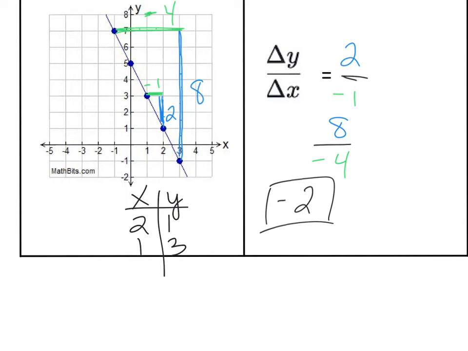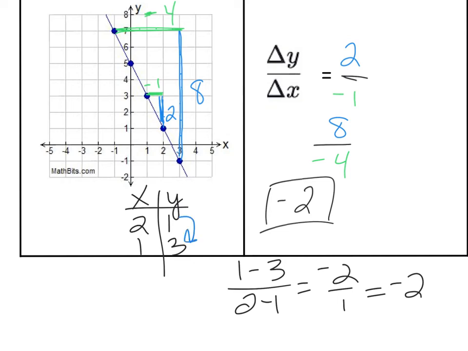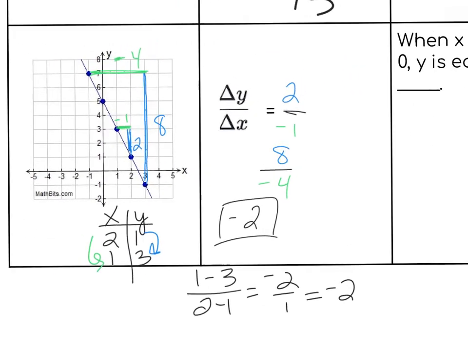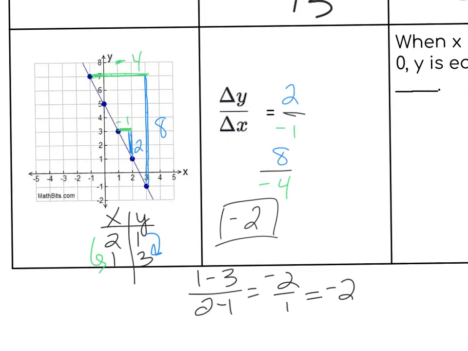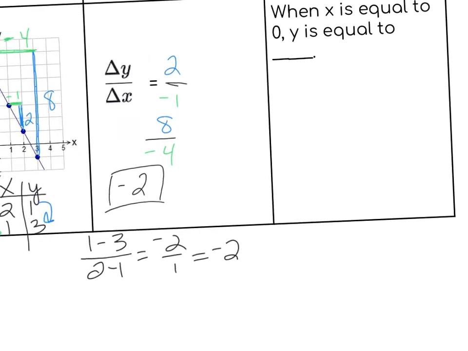From here, I can use my formula, subtract the y's, subtract the x's, and I get negative 2 over 1, which is negative 2. If counting on the graph is tedious, or you're worried about the scale, you can always pull points off that graph and use a table or use your formula.